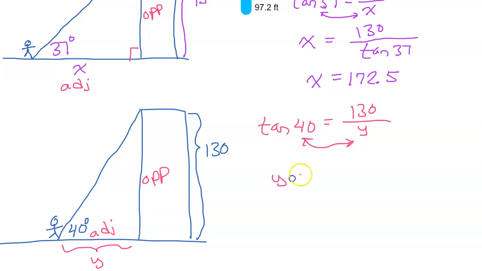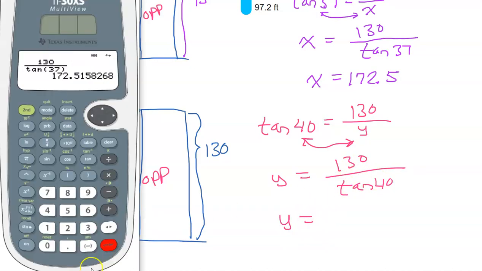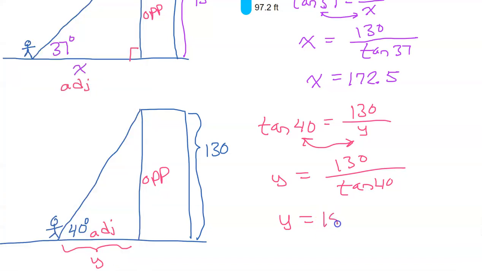So you're going to get y equals 130 over tangent 40. And this is something that you can simply put in your calculator. So 130 over tangent 40. So we're getting 154.9.